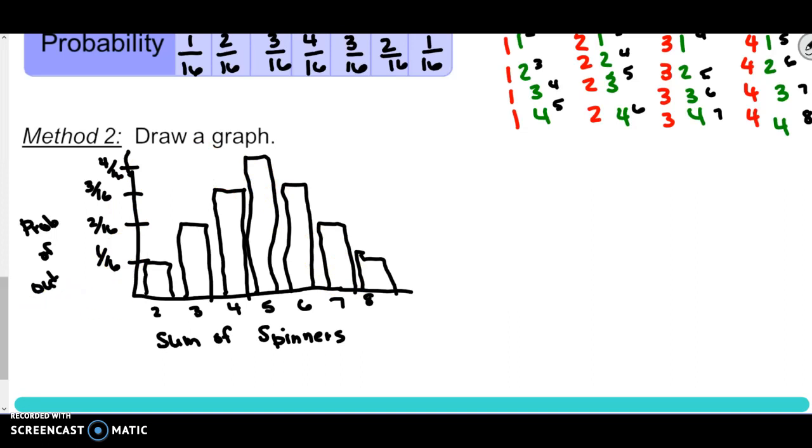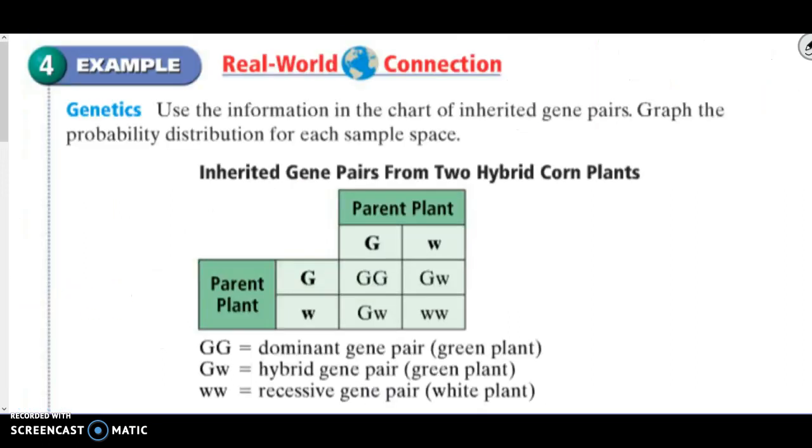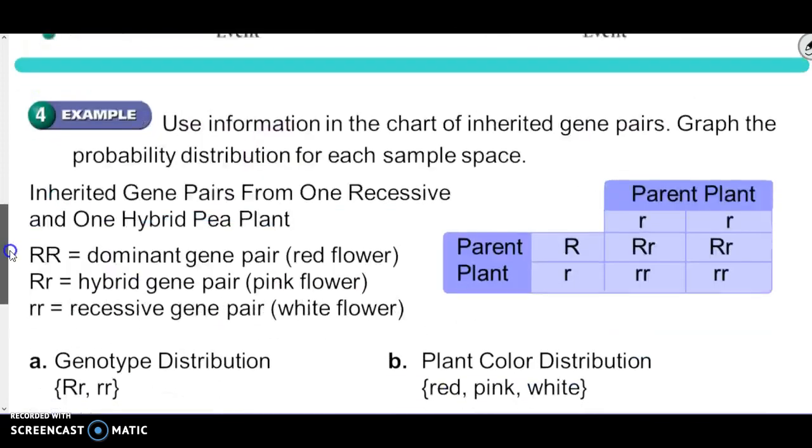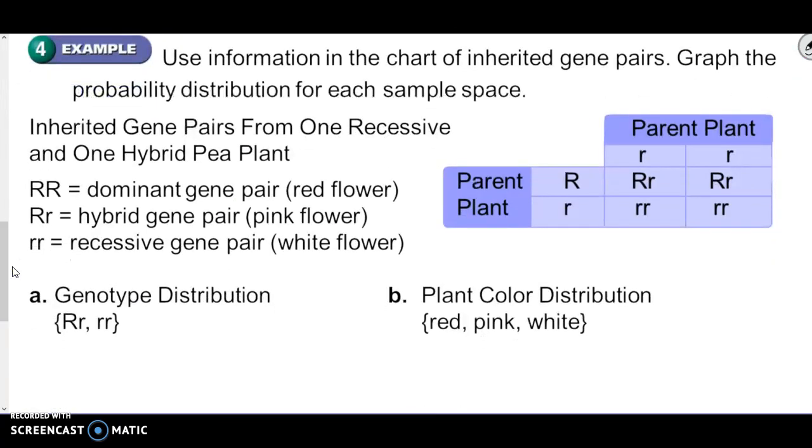And then finally, the last question we had was an example of a Punnett square, where we are trying to find the probability of two events, basically two combined events. All right, so with the one for your notes, we had the information given to us of inherited genes.